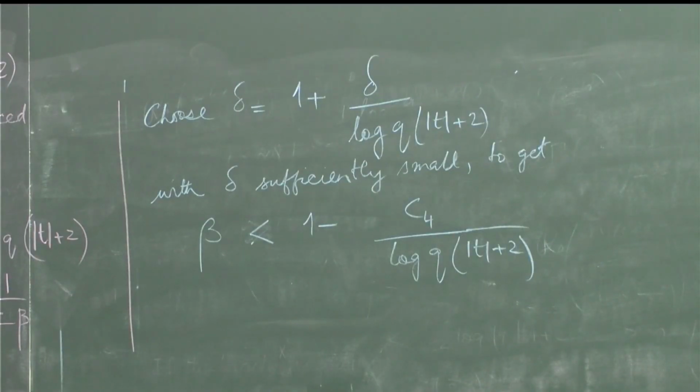Because if I take delta to be small, then beta is smaller than this. And then I have found my constant such that, yeah, so that's zero-free.